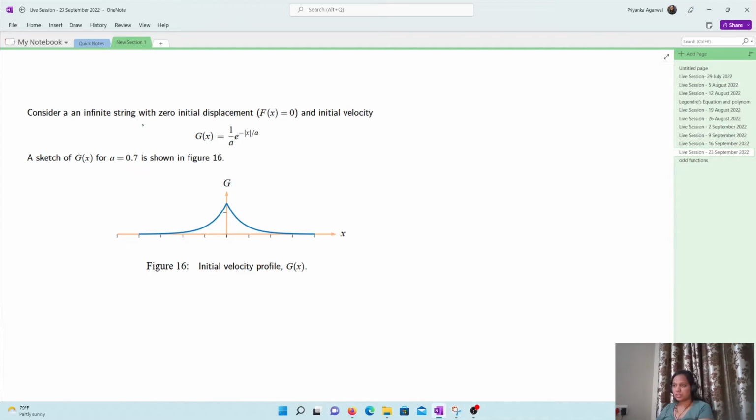Also given is the sketch. If a equals 0.7, this is how the g function looks, from positive infinity to minus infinity. This function decays to 0 and it is symmetric around x equals 0.